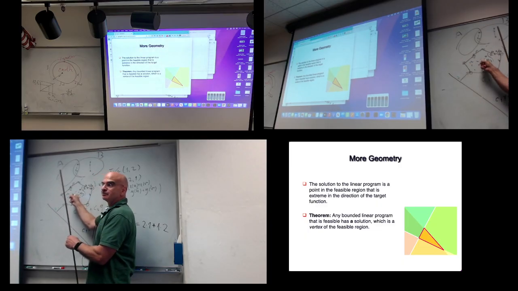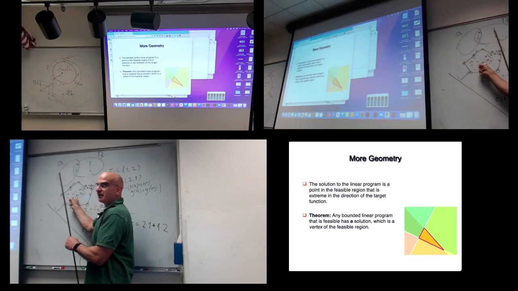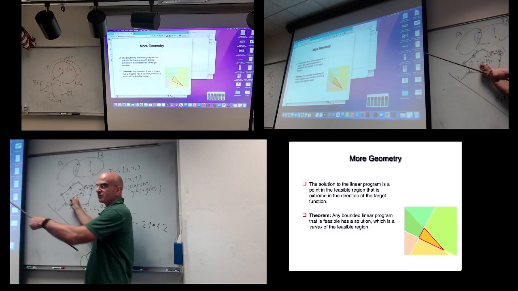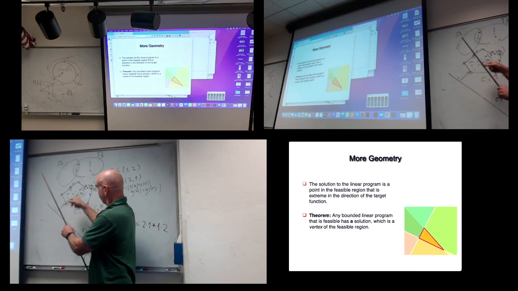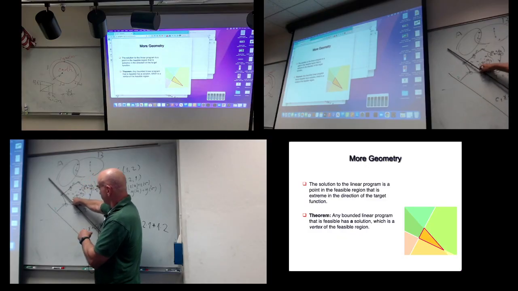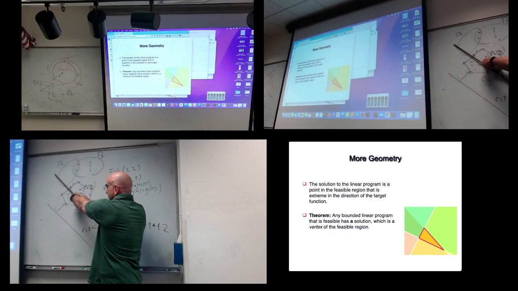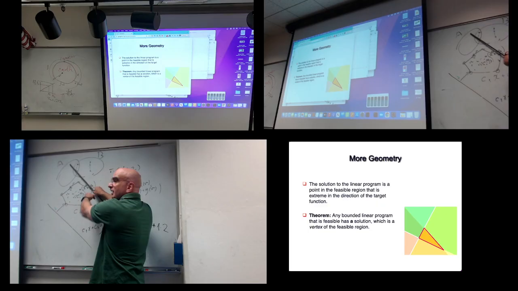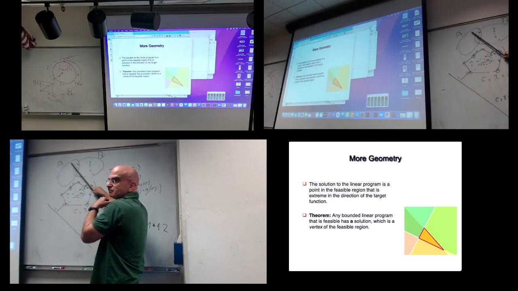Points that are buried here in the middle have no chance to be an extreme point. Why? Because if my cost function improved when I went all the way to an interior point, if I keep on going, I'll improve it furthermore. So I only need to check vertices of the convex hull.